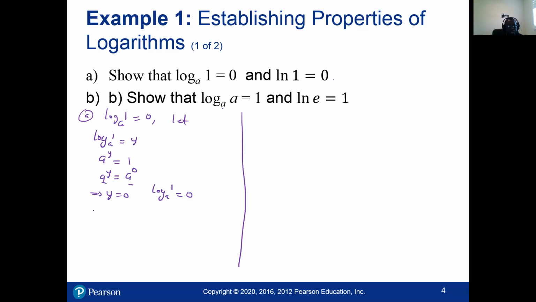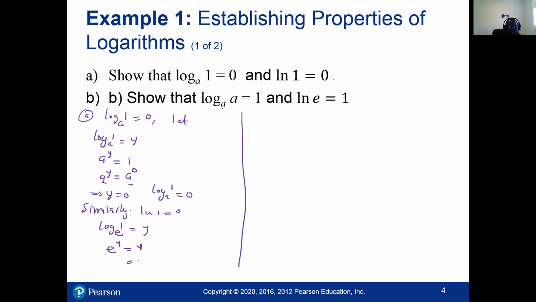Now similarly, if I have the natural log of 1, we say it is equal to 0. First, the natural log is the same as log to the base e. So we let this equal y, and then we write it as an exponential function: e raised to y is equal to 1.